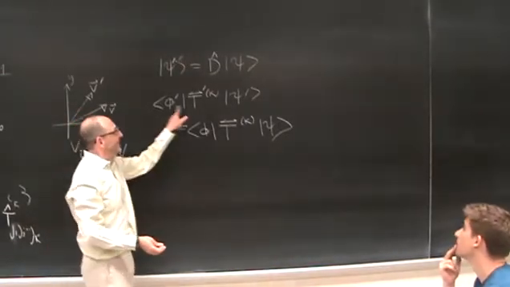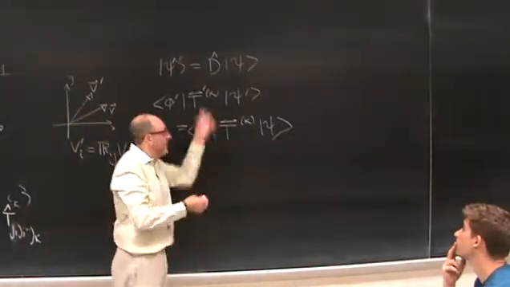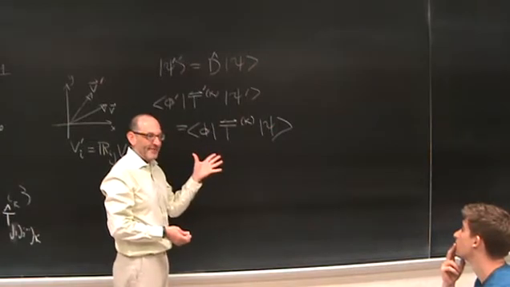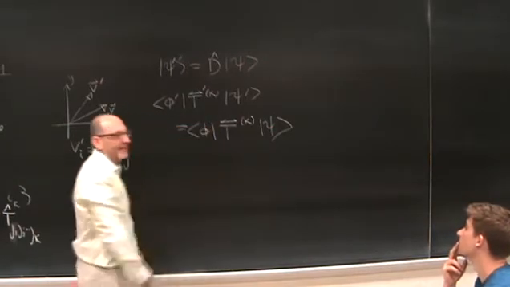So if I rotate the states and the operators, the matrix elements should be the same. Okay? So that's where this is coming from.